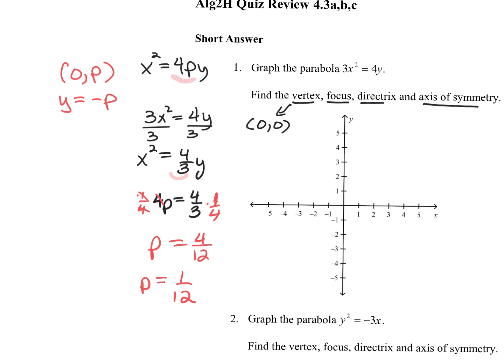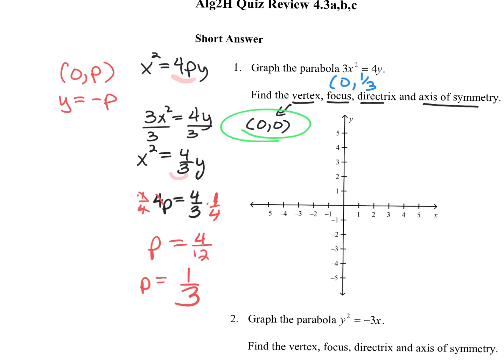So for my focus, that ordered pair is going to be 0, and this should be a 3, sorry. 4/12 simplifies to 1/3. So this is going to be the ordered pair 0, 1/3.